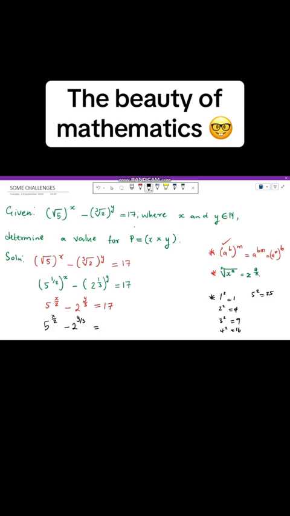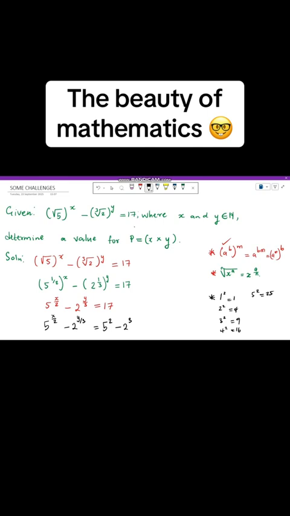then I'll use the very same trick this side. So if I take 5 squared and remove 2 cubed, this is something like your 25 minus 8. And what is 25 minus 8?